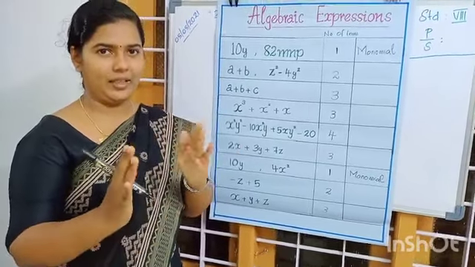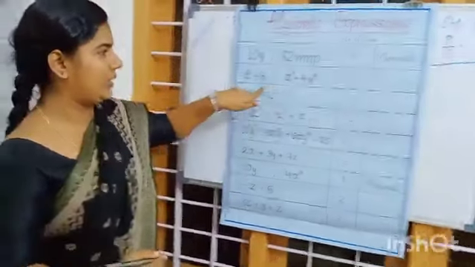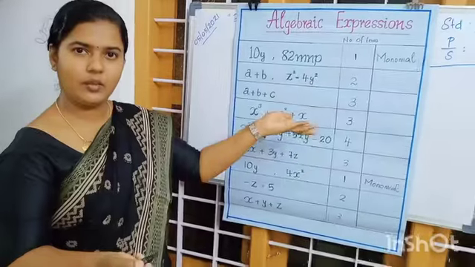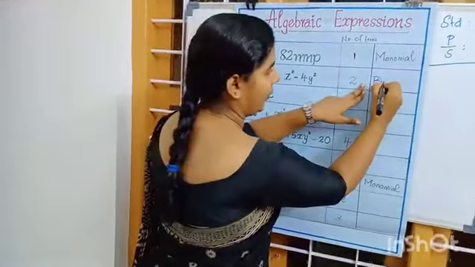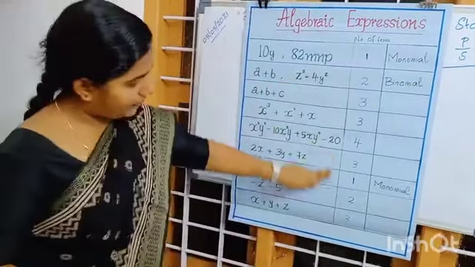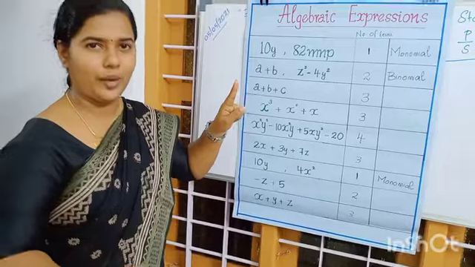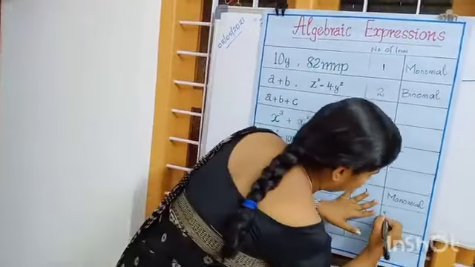Yes, it's bi. So it will be binomial. Good. So these 2 expressions are with 2 terms. So let's name this as binomial. So among this, there is one more binomial, that is this, negative z plus 5.